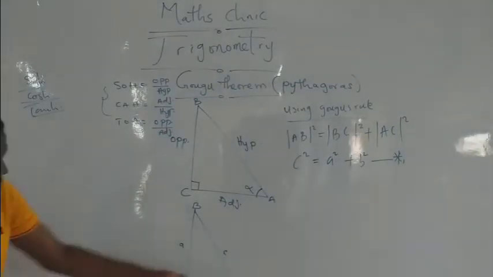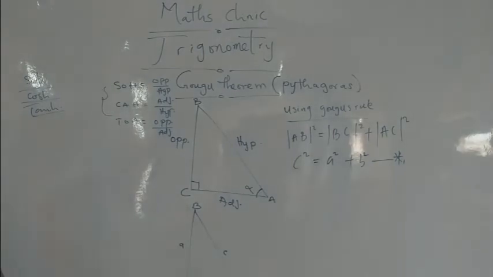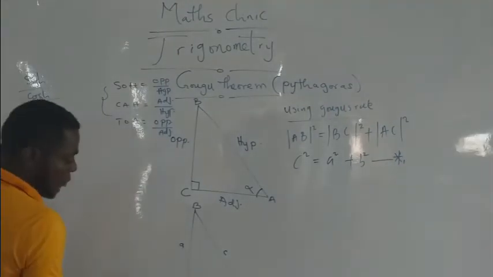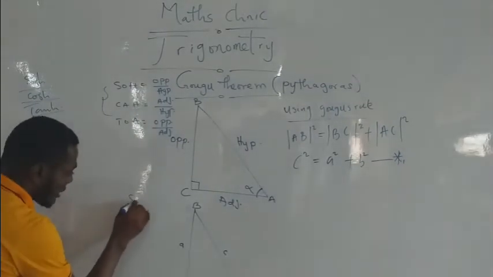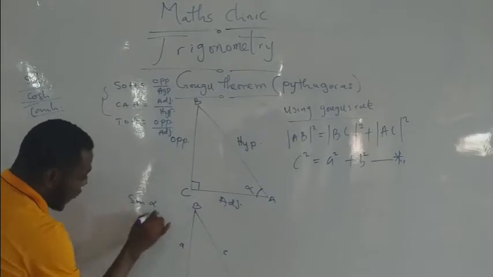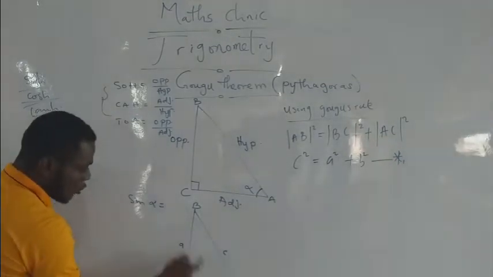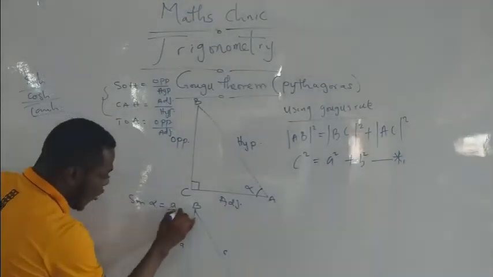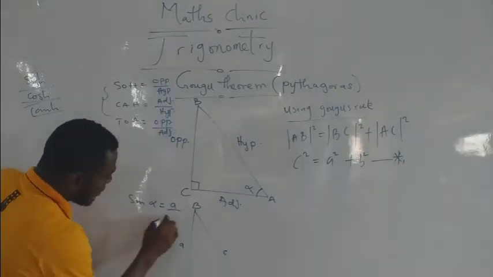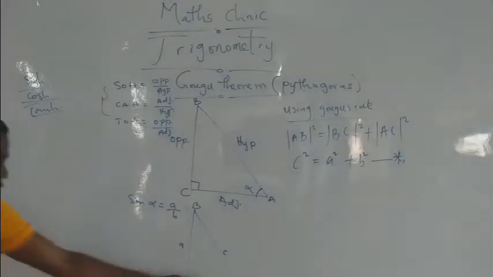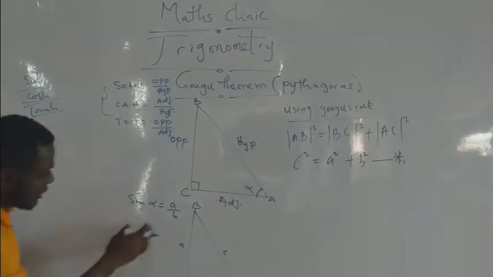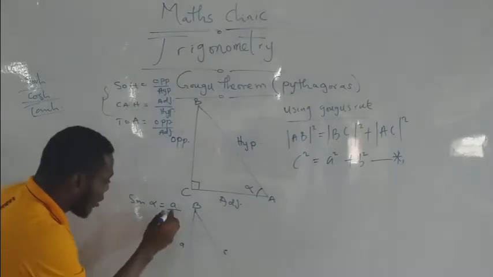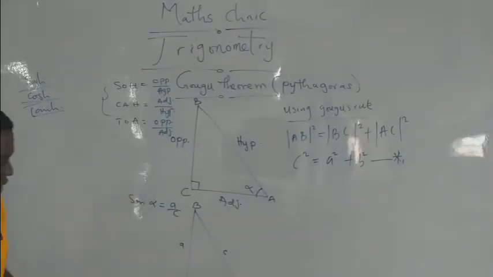So we're looking at this triangle. From here we can have opposite over hypotenuse. That will be sine alpha equals opposite, that is a, over the hypotenuse, that is c.